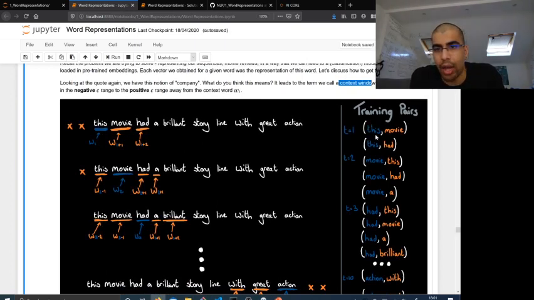Our input is this and our target is movie, and I'll talk about why these are training pairs in a second. For every context word that we have, the training pairs are the tuple of that context word and the words in the window around it.